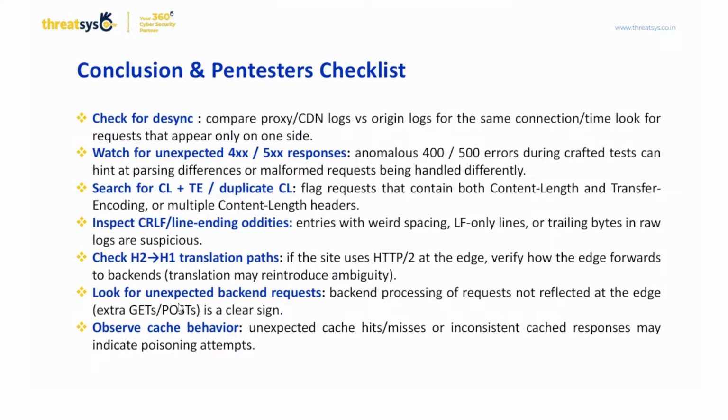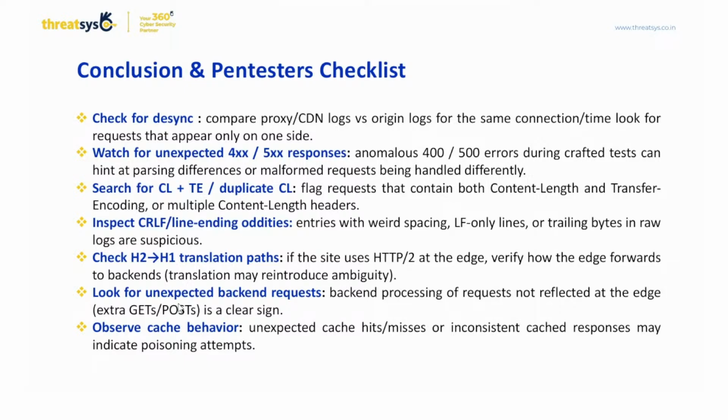The same applies to the 500 server error. 500 means there is a backend error. So you can know what the front end is actually taking or what encoding the backend is using. These are the basics of how you can know. Again, we can check if an application is using HTTP 1.1.